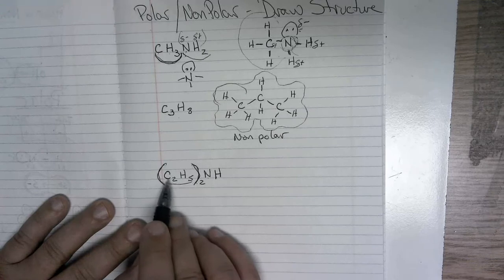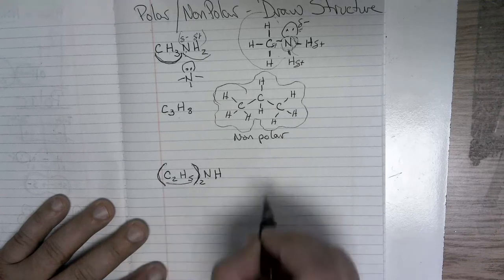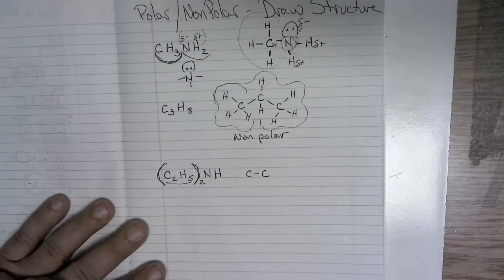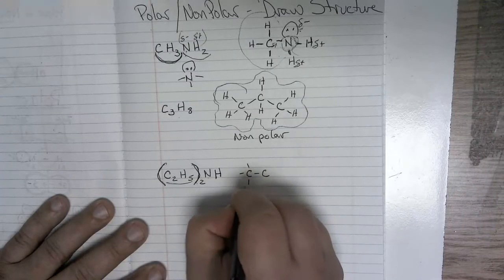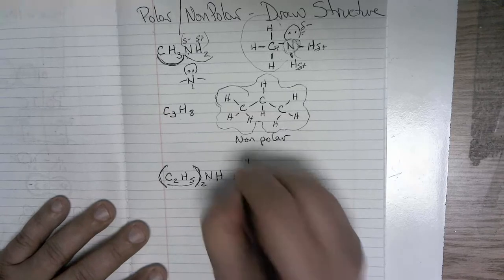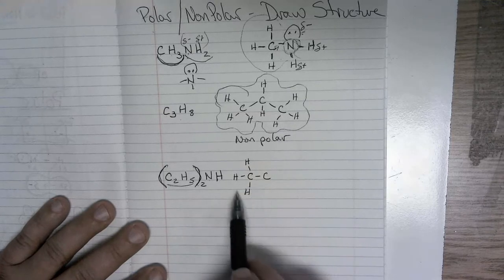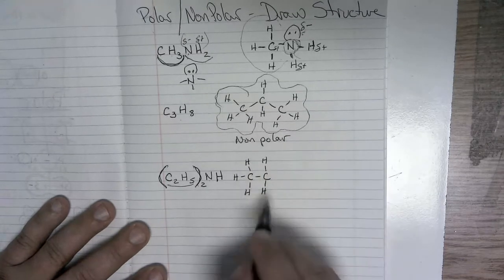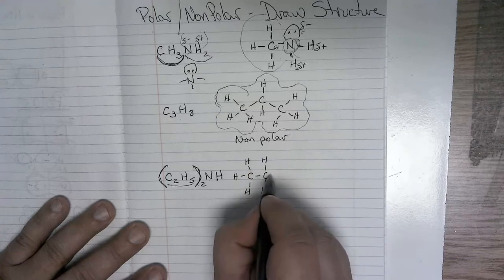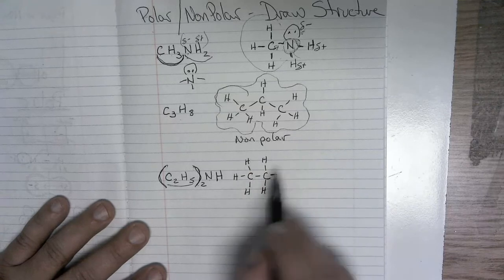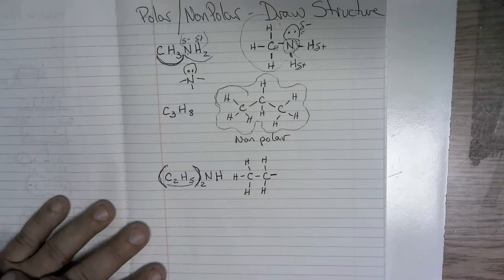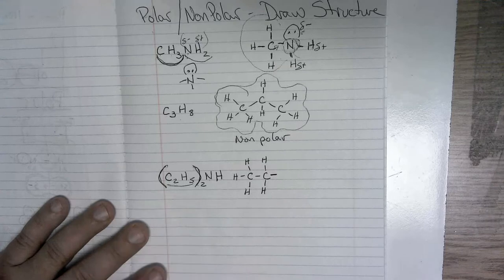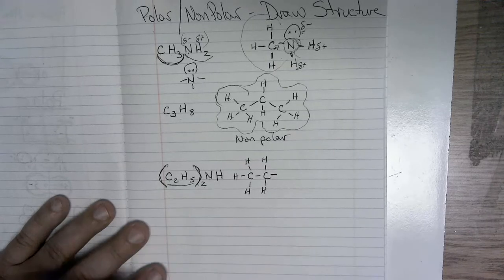So what is C2H5? Let's take 2 carbons and bond them to each other like that. In order for me to fill out the rest of the bonds on the first carbon, it requires a CH3. To fill out the bonds on the second carbon, it requires 2 more. And then there's a bond here that can be connected to anything it needs to connect to. So C2H5 is this.